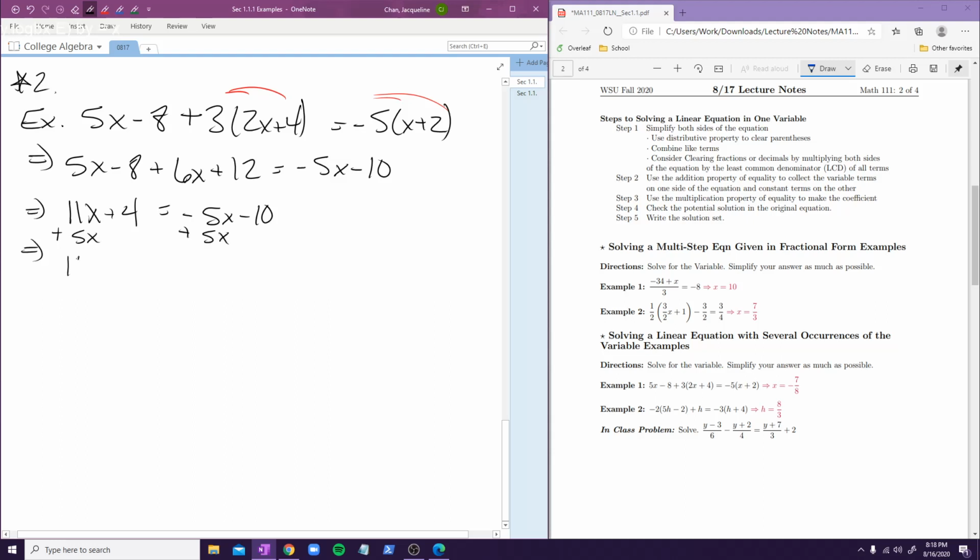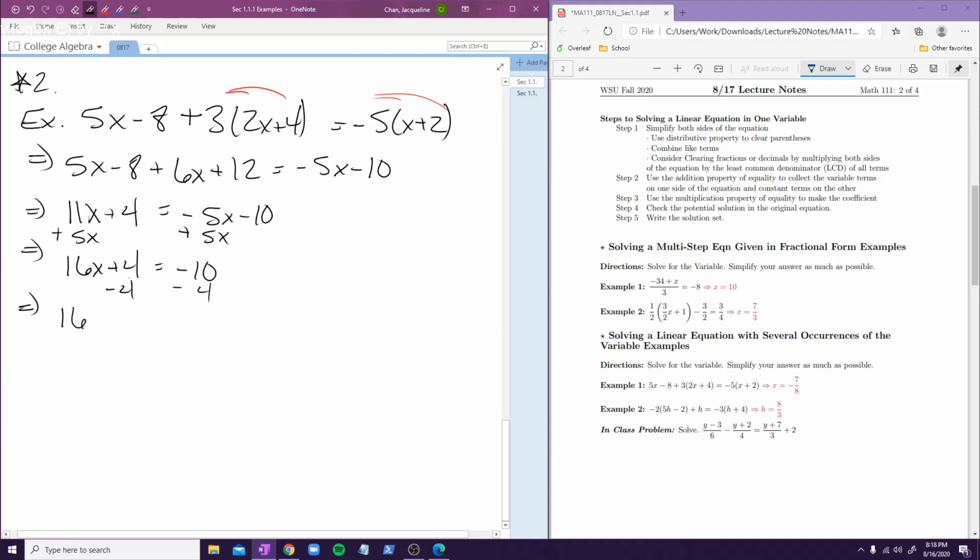Right? So I'll get 16x plus 4 is equal to negative 5x plus 5x, that's 0. Right? So we're on the right track, and then negative 10 gets brought down. Right? So I got all the variables on one side, now I have to get all the constants on the other. So what am I going to do? I'm going to add negative 4, or I'm going to subtract 4 from both sides.